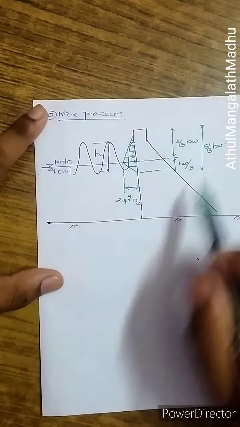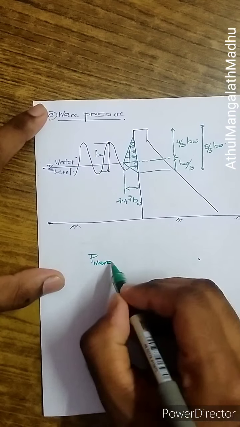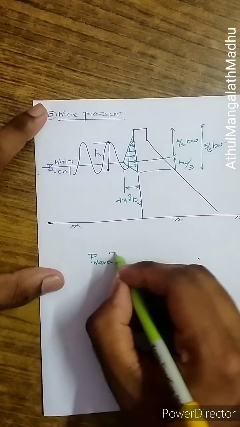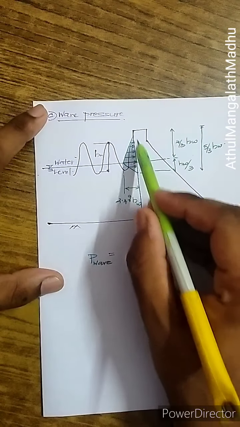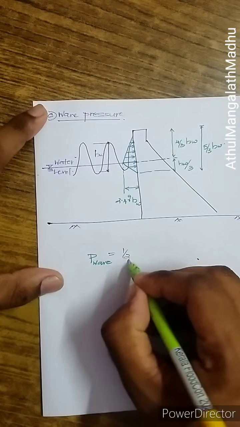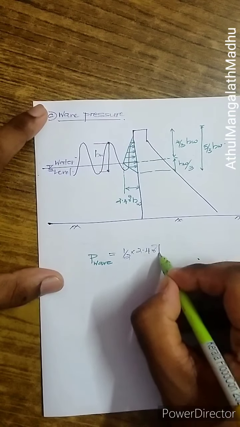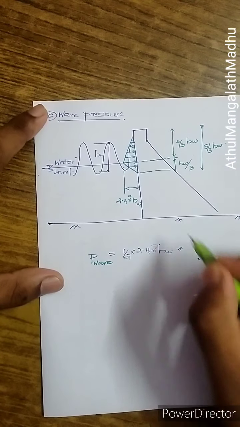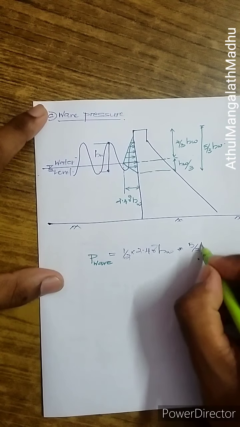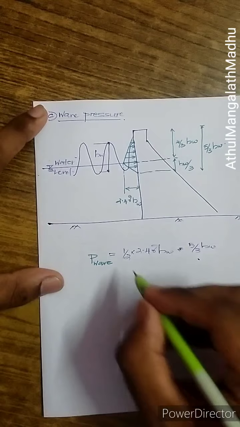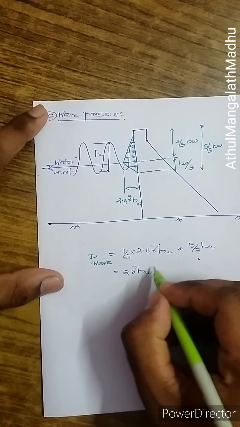And if you find the total pressure acting due to wave, it will be half into base into height. You have already found 2.4 into gamma into HW multiplied by this base, which is 5 by 3 HW, and if you solve this, you will get 2 times gamma into HW square.